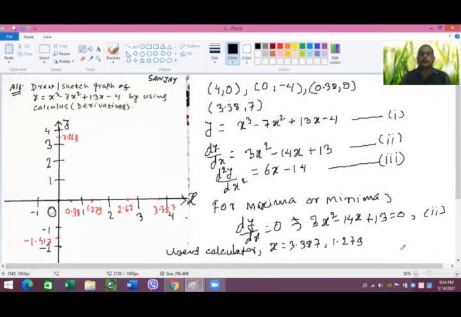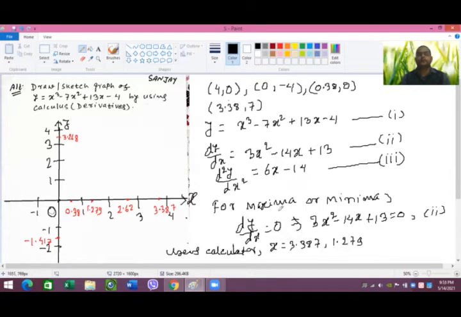Now we have to check what is the maximum point, and what is the value of x where the curve attains the maximum point and the minimum point. So we have two values of x. We have to check whether at 3.387 y is maximum or minimum. Usually if you check with these two values, you'll have one maximum value on this curve and another a minimum value. Sometimes you'll have both maximum.